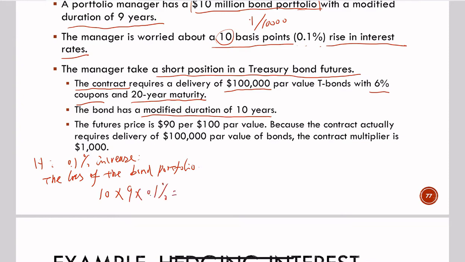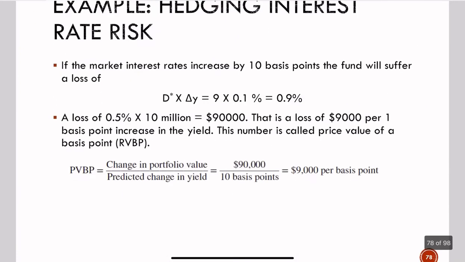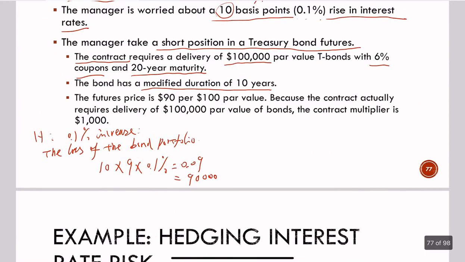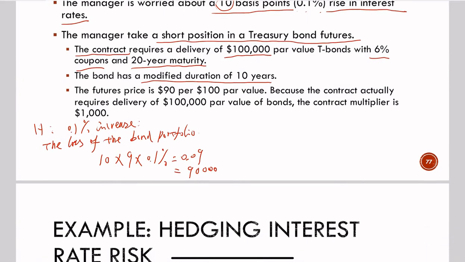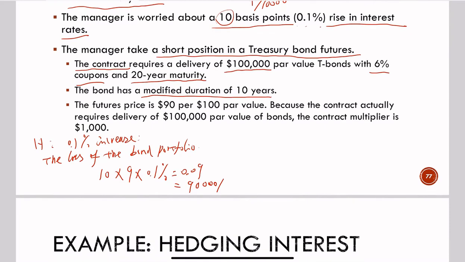So this should be, it's $90,000. Let me verify. Yes, it's $90,000, right? So to be more specific, it's $90,000 per 10 basis points, right?